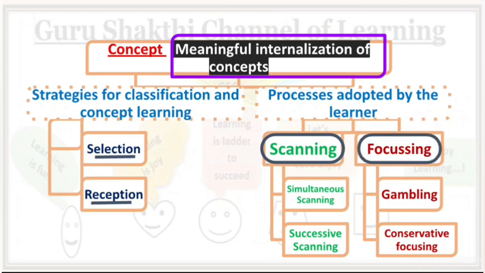Under focusing, the learner pays attention to the attributes or qualities. In focus gambling, all the attributes are tested at the same time. And in conservative focus, a single attribute is taken at a time.